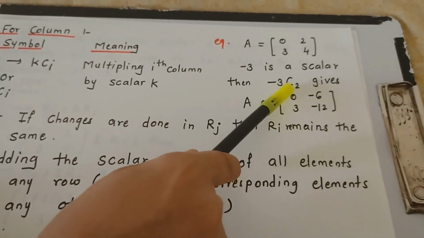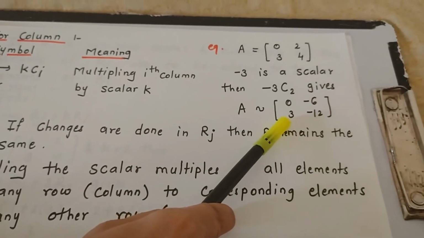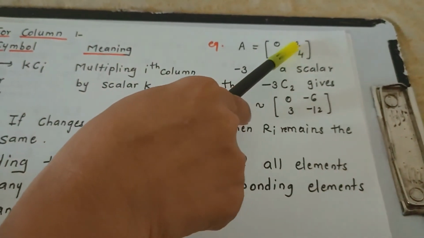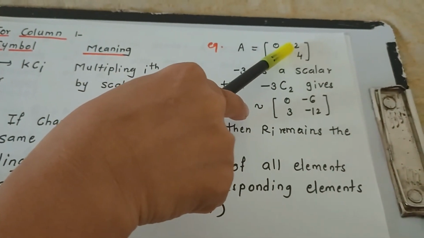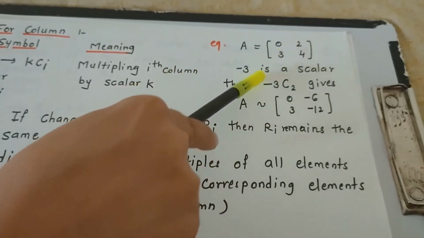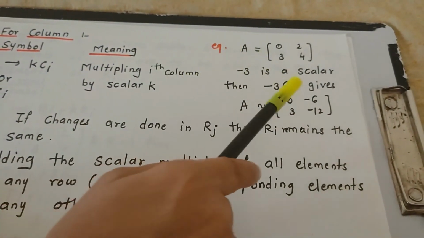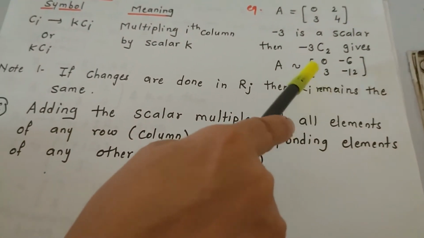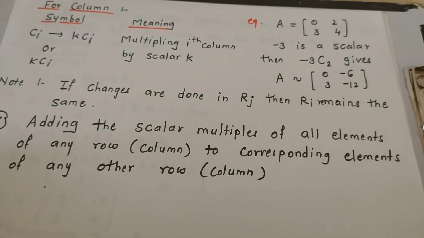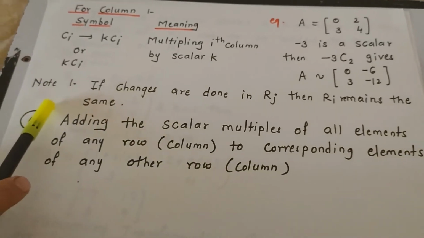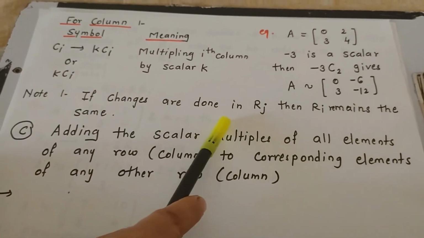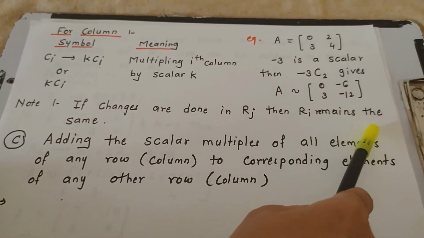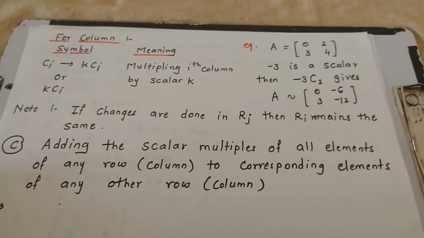In the new matrix, the first column is as it is, and in the second column we get minus 3 into 2, minus 6, and minus 3 into 4, minus 12. So the new matrix is equivalent to the original matrix. Students, note that if changes are done in Rj, then the ith row remains the same.